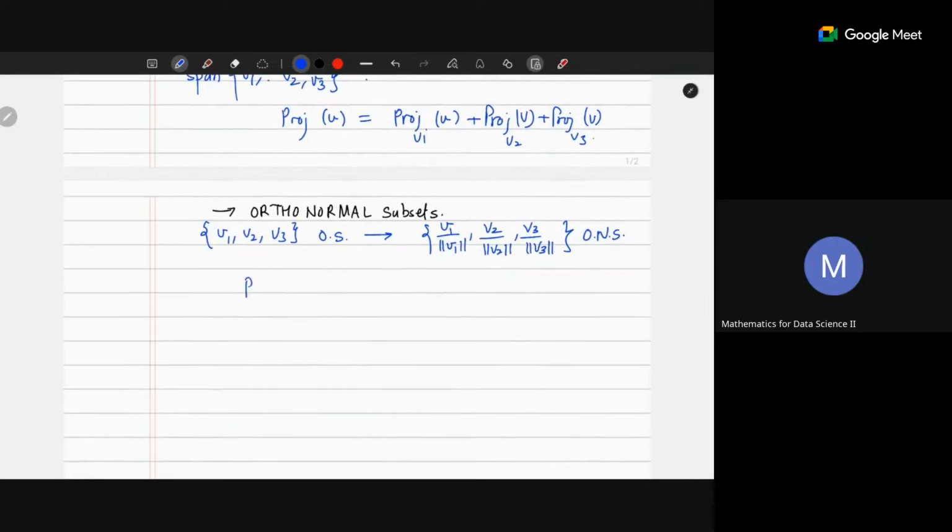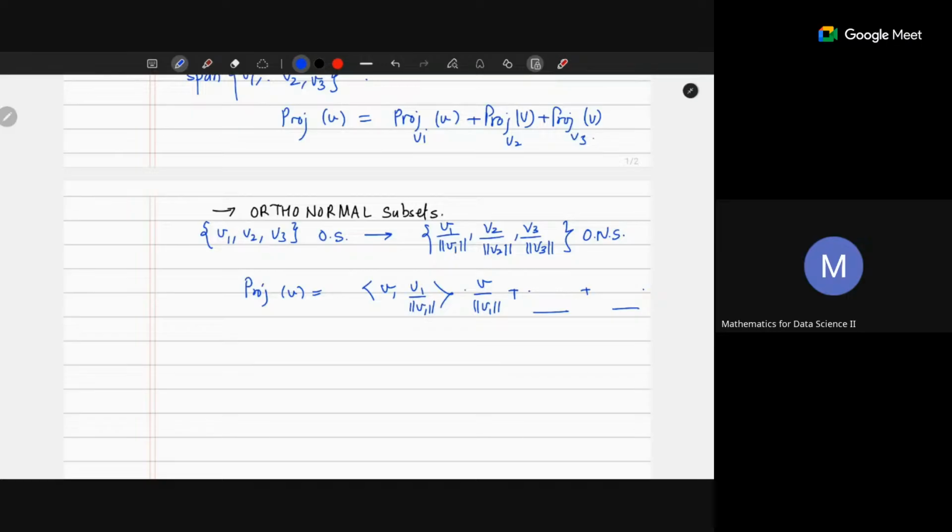So then the projection of V will be just V with v1 divided by norm of v1 times v1 divided by norm of v1, plus the second term plus the third term. But it is again the same.